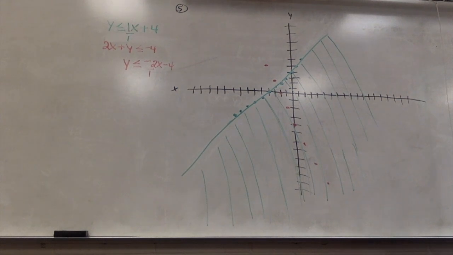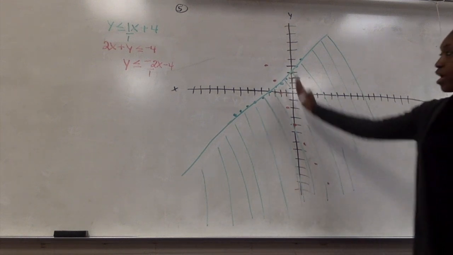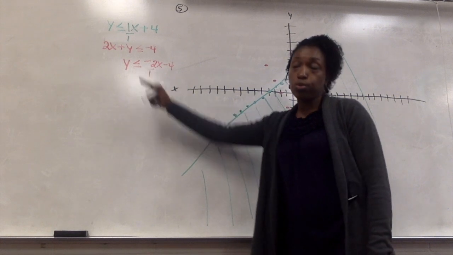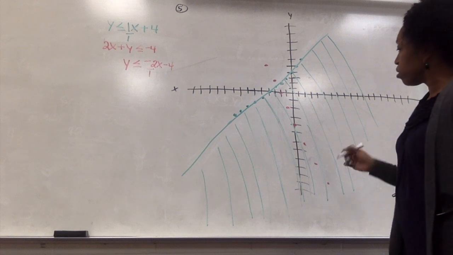Now, once again, you have to decide, is my line solid or dashed? In this case, there is a line underneath, which means equal to, so that means it must be solid because it must include all of those points as well.